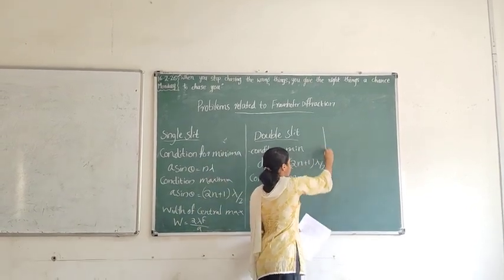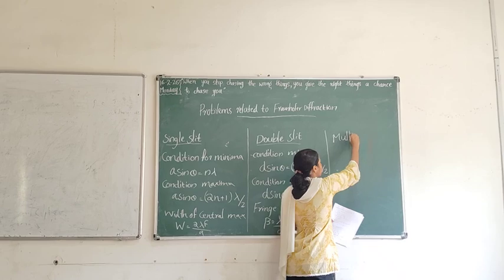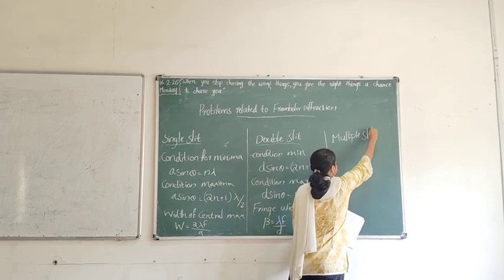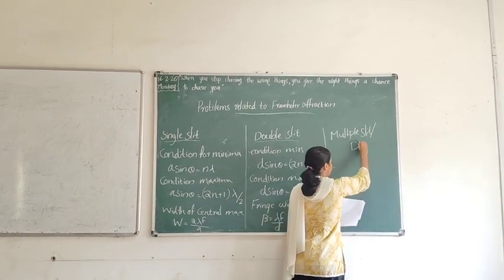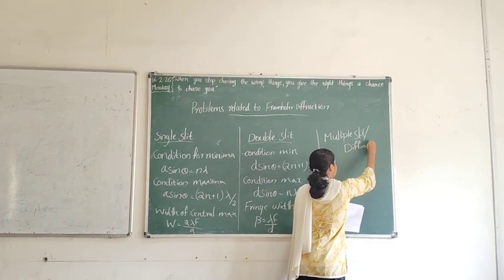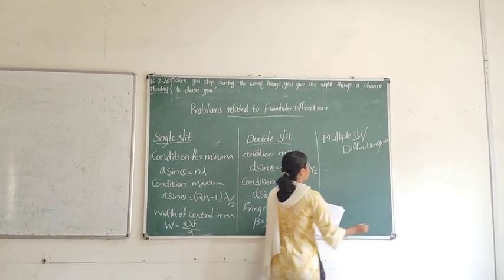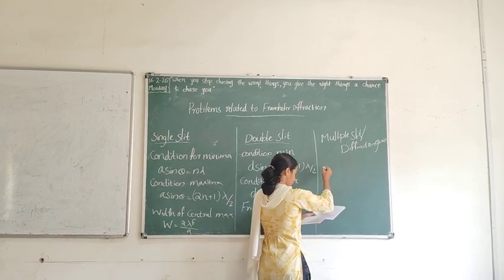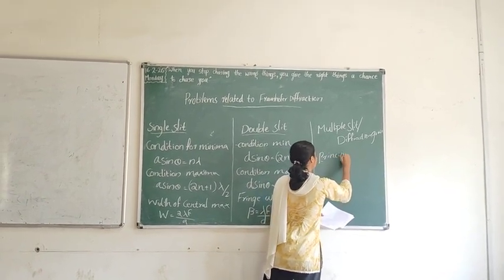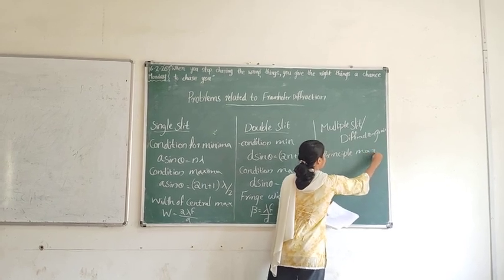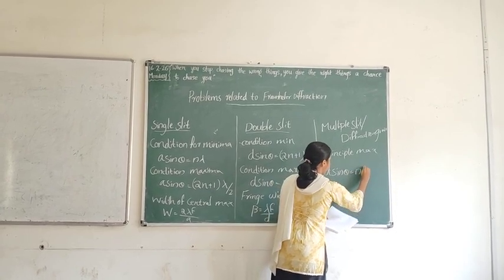Then the equation for multiple slit diffraction. Okay, the condition for principal maxima is D sin theta is equal to n lambda.